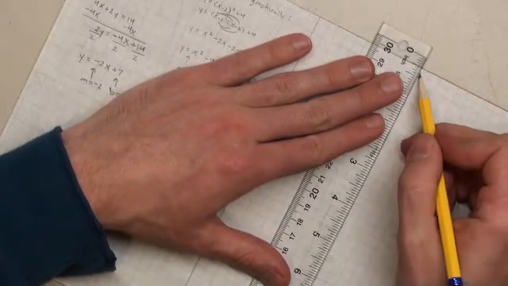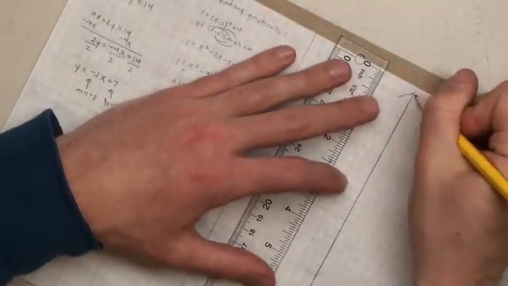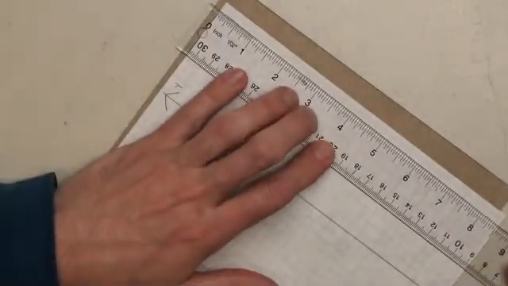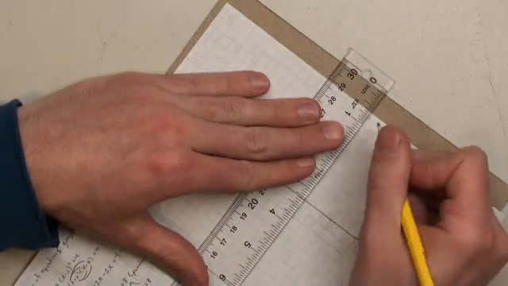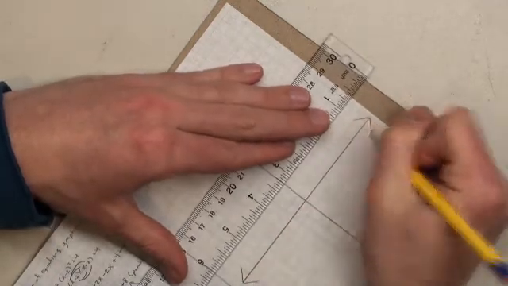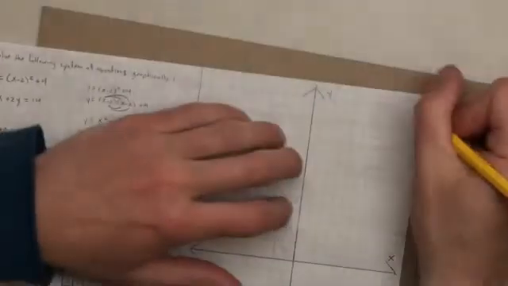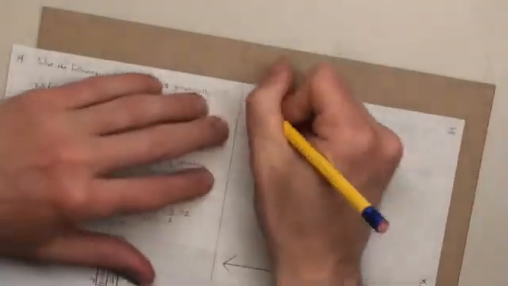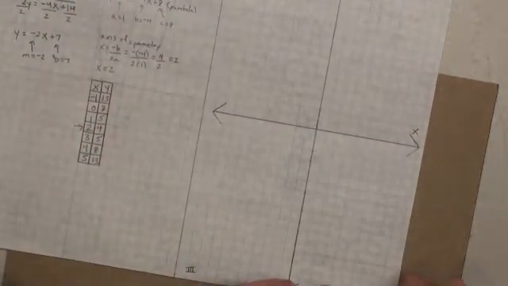Draw our x and y axis. Okay. So we have quadrant 1, quadrant 2, quadrant 3, quadrant 4.